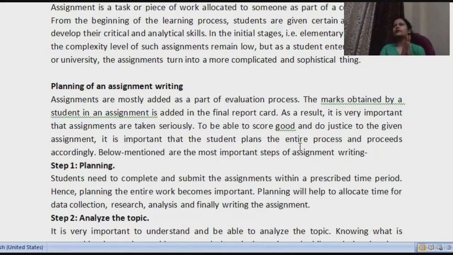So when you get one topic, right? What are the steps involved in assignment writing, or what are the things that we should consider in writing answers in an exam? These are some things which you have done for all these years in your life, right? So you need to think about your own examples. What do you do when you get an assignment?